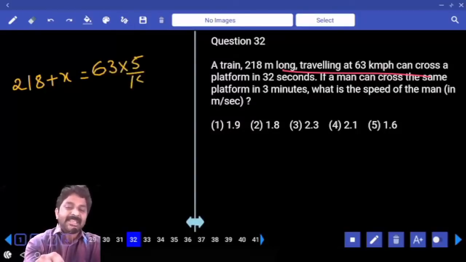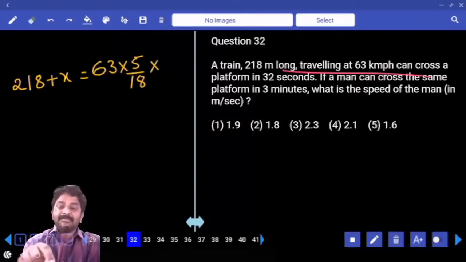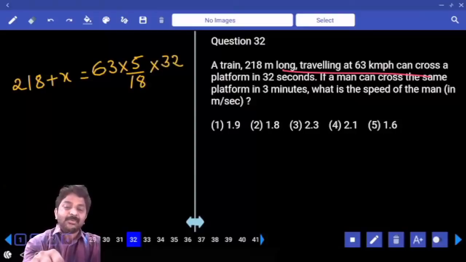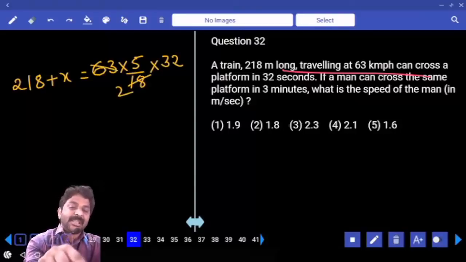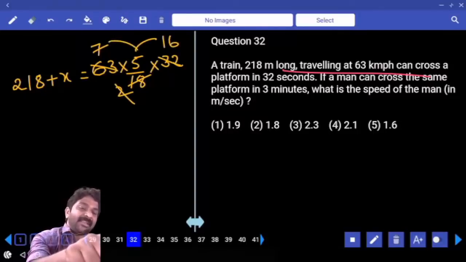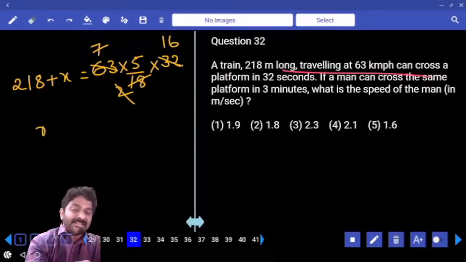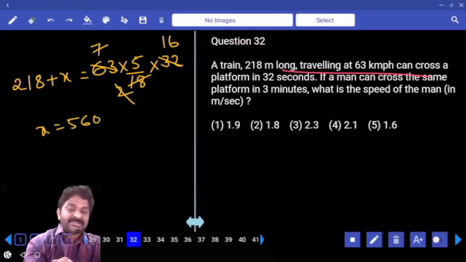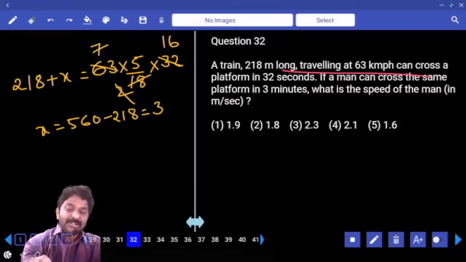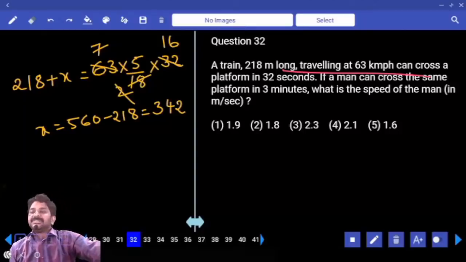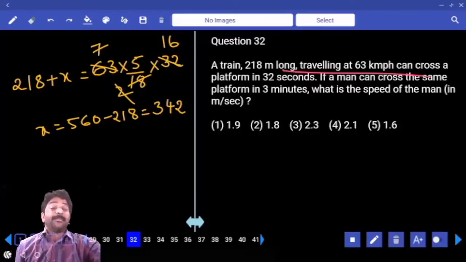Convert into meter per second, into the time taken, 32. That gives 560. Then x is equal to 560 minus 218, which is equal to 342 meters. What is 342? Platform length.